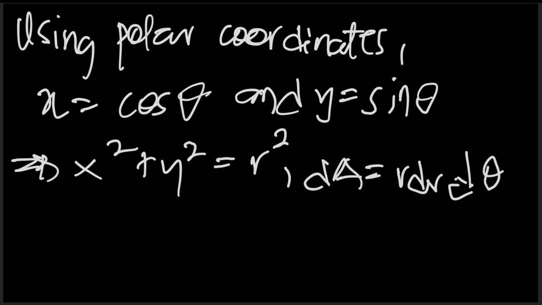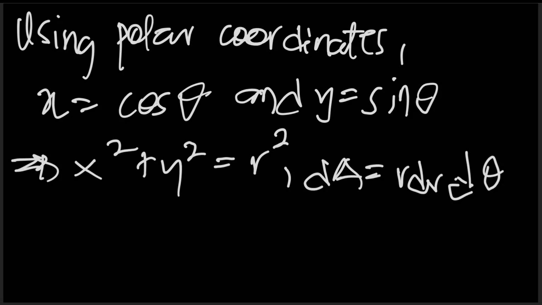d theta. And again, we have to find the angle at which x and y intersect according to the triangle. So to find the angle at which x and y intersect, we will find the tan inverse of the angle.